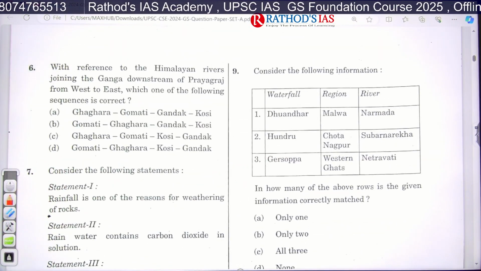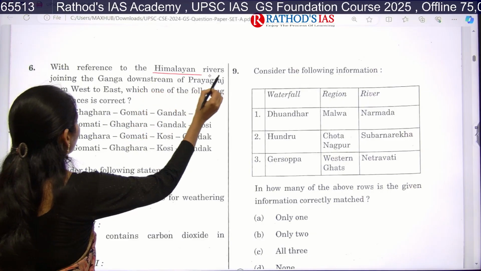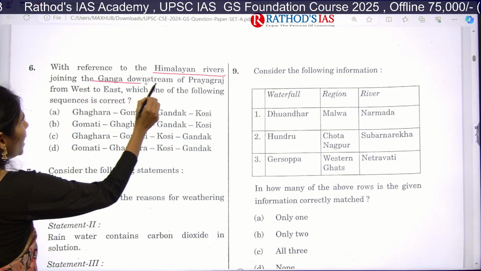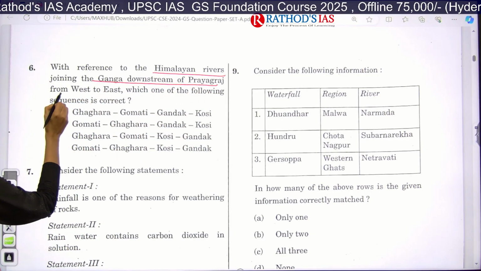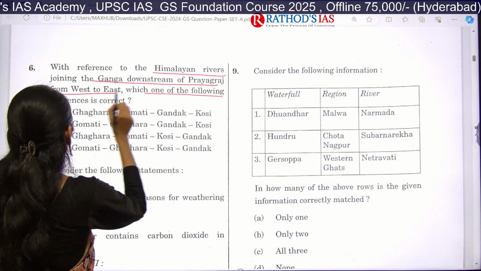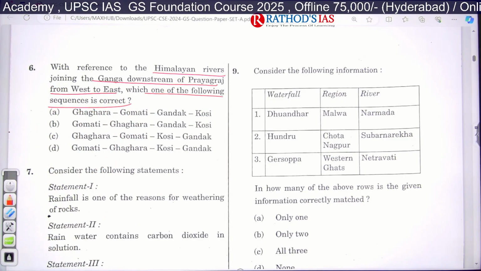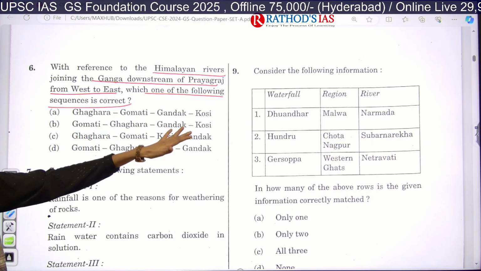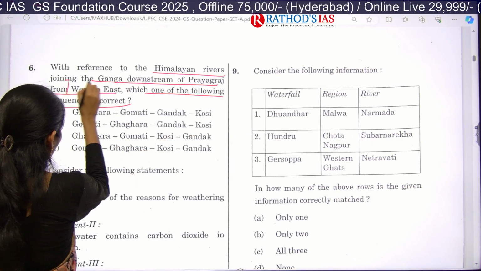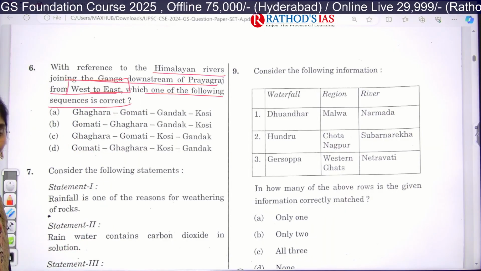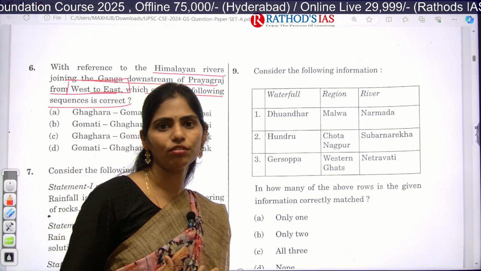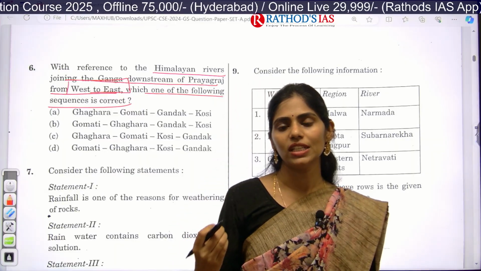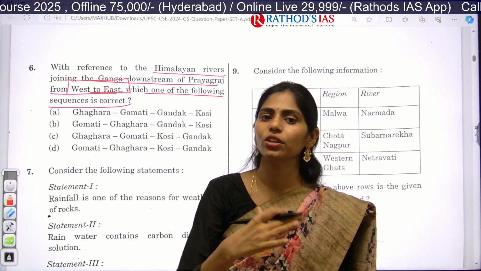The sixth question is: with reference to Himalayan rivers joining the Ganga downstream of Prayagraj from west to east, which of the following sequences is correct? Your option A is Gagra, Gomti, Gandak, Kosi. They are asking from west to east. I always say that whenever dealing with this micro listing of topics, you have to see the states where they are flowing and where they are joining.